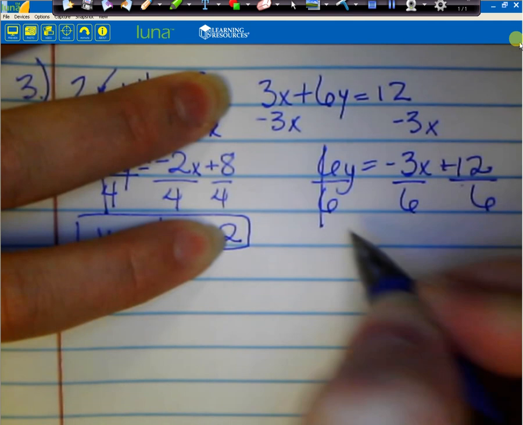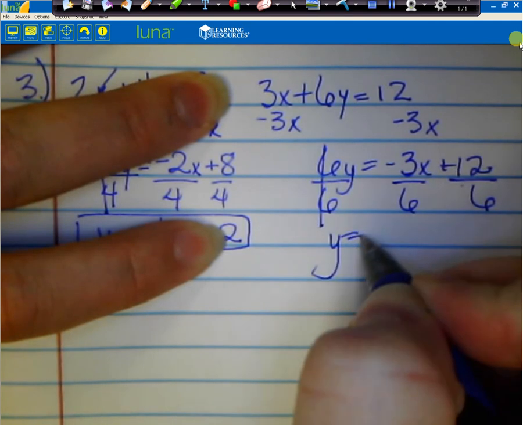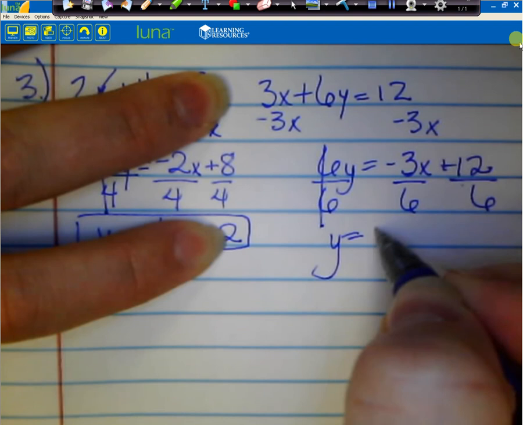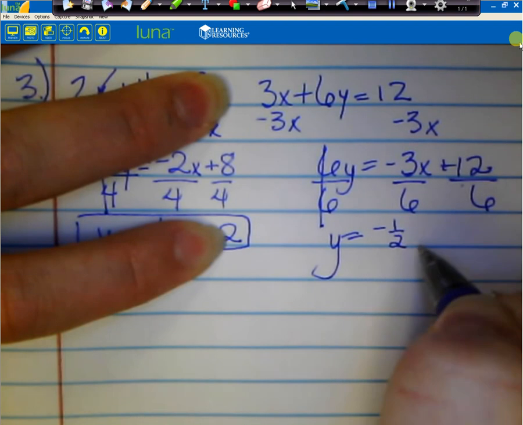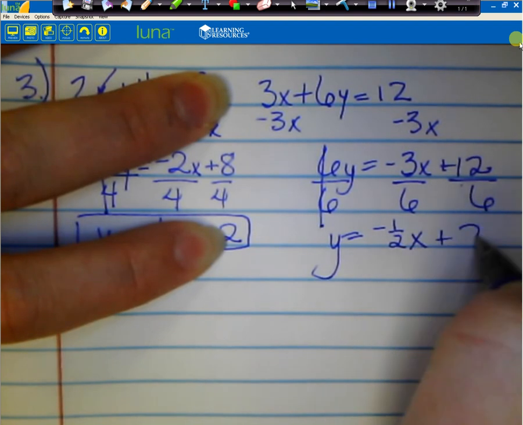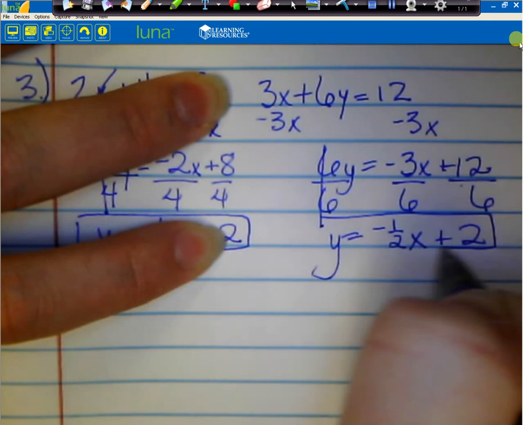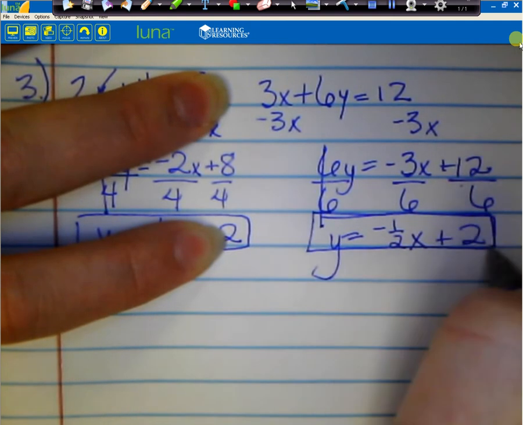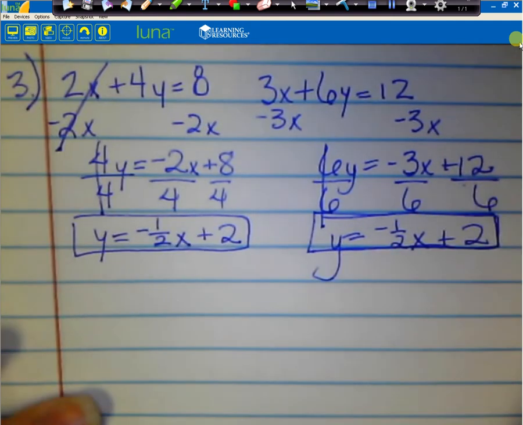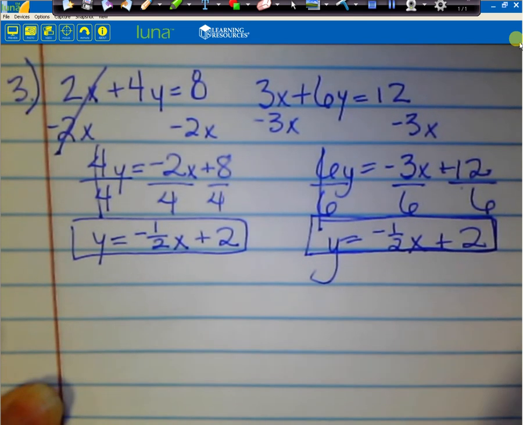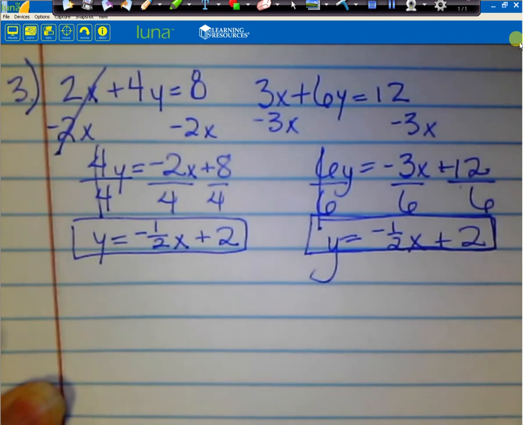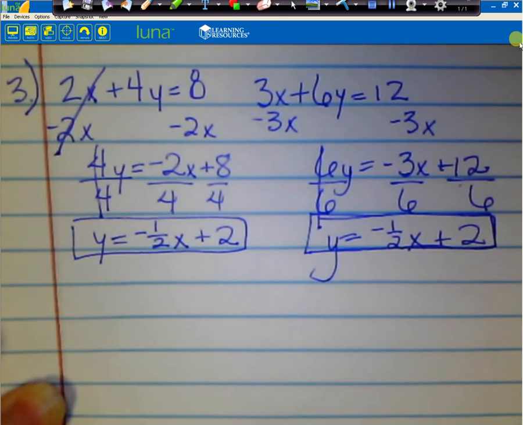These 6's cancel here, leaving me with y equals negative 3 over 6 reduces down to negative 1 over 2, x plus 2. There's my second equation. Make sure you have all of that worked down before we look at the graph. You can pause the video if you need to get that down.